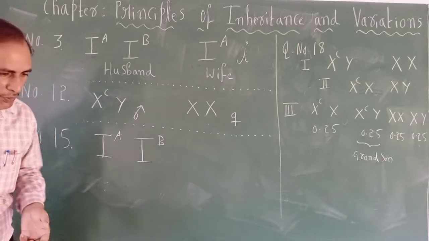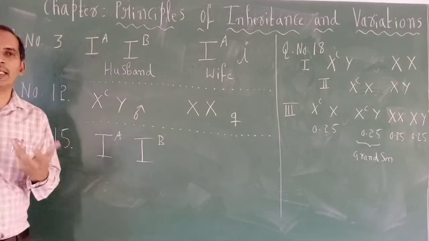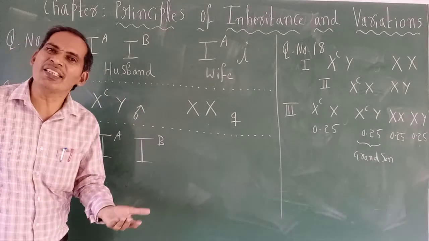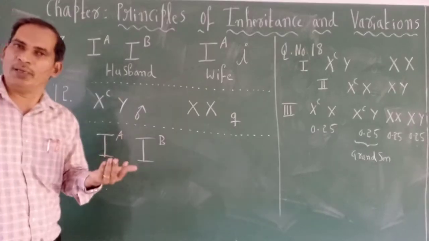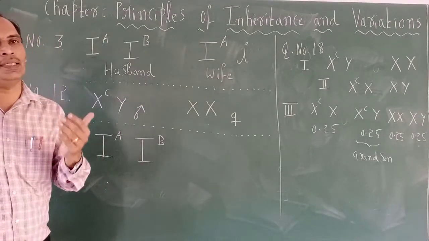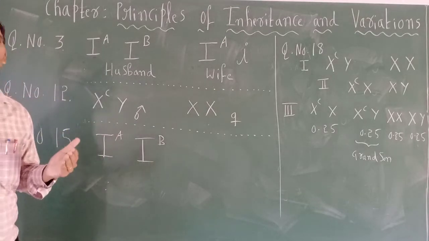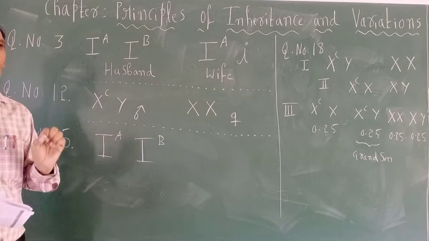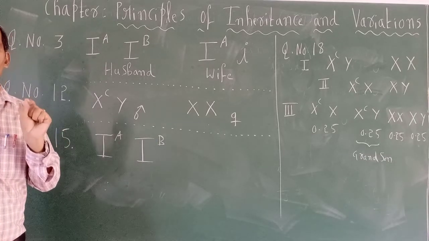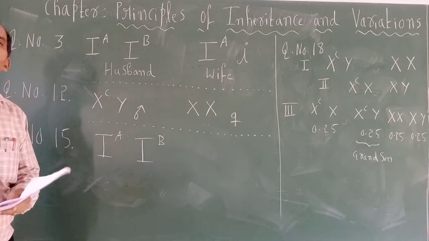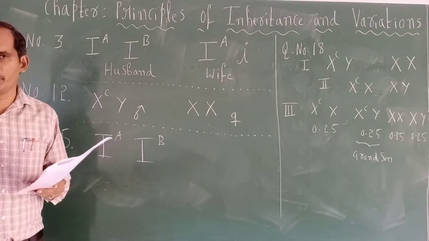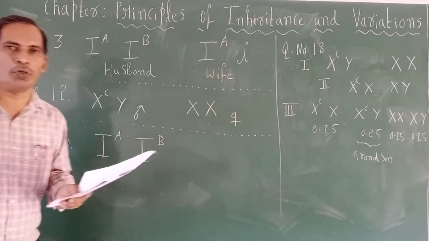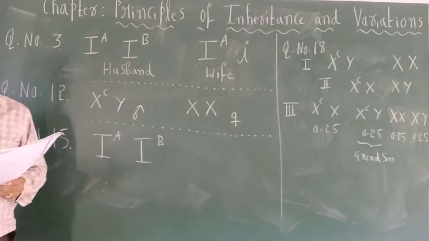On further investigation, he found that two genes may be present on the same chromosome, and that phenomenon is called linkage, and that is a deviation from the normal Mendelian principle of inheritance. So here the law of independent assortment fails, and the credit of the discovery of linkage goes to T.H. Morgan, when he did experiments on the fruit flies, the Drosophila.